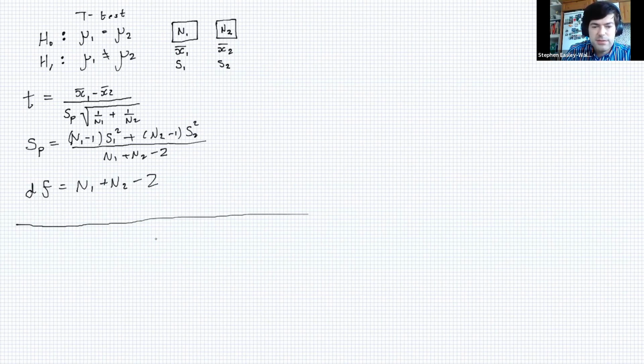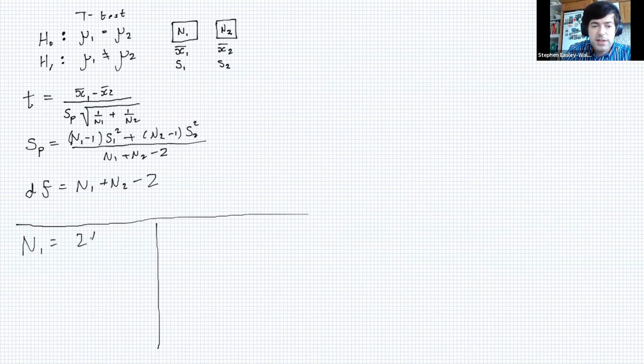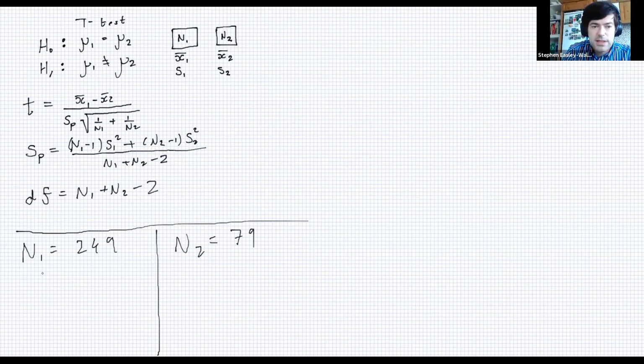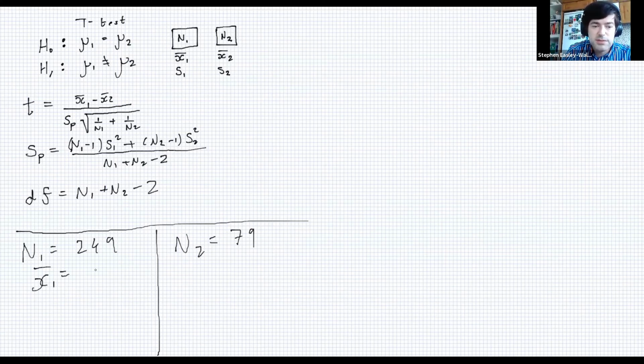So let's have a look at my example. I have two sets of data. In the first one, let's say I have 249 observations, and in the second one, I have 79. In the first group, let's say the average is 20.1.